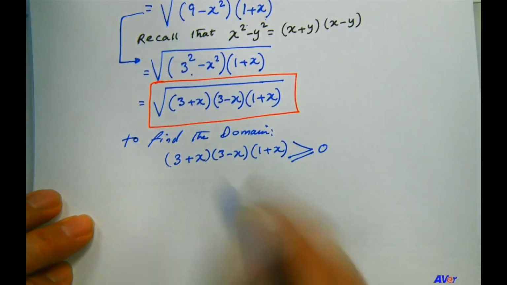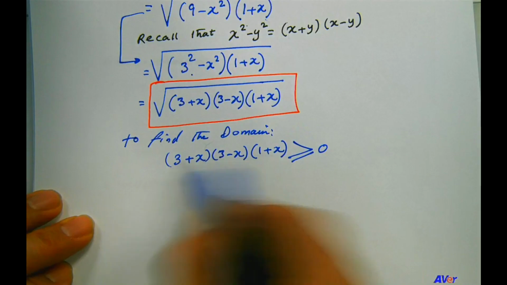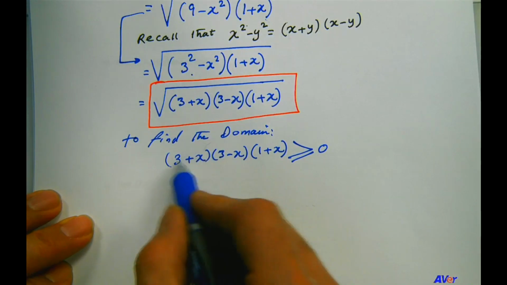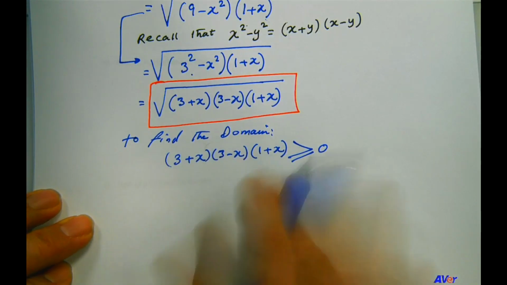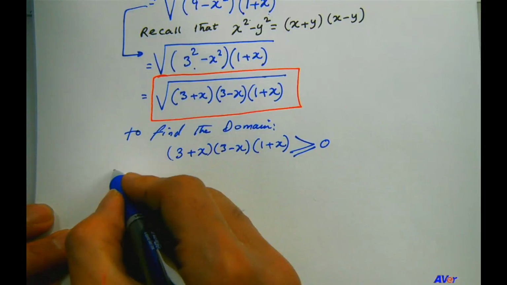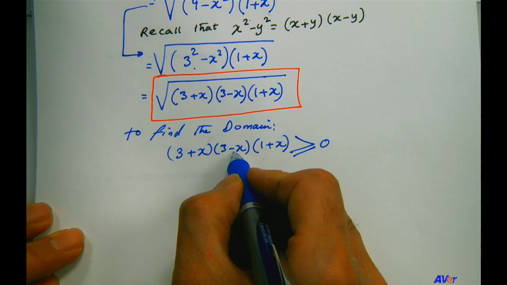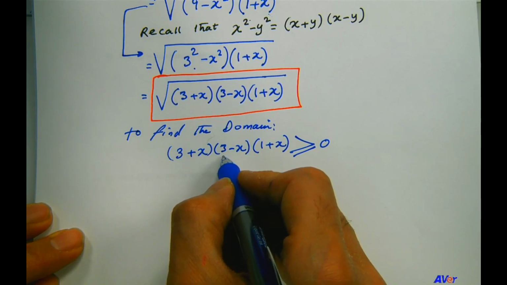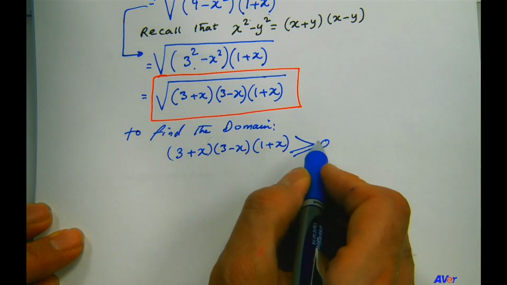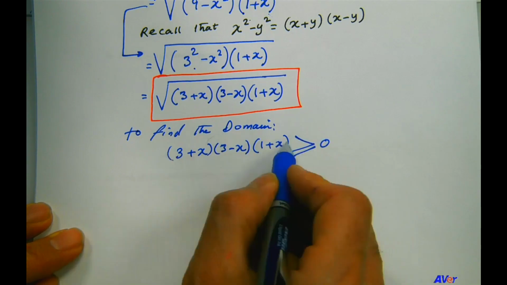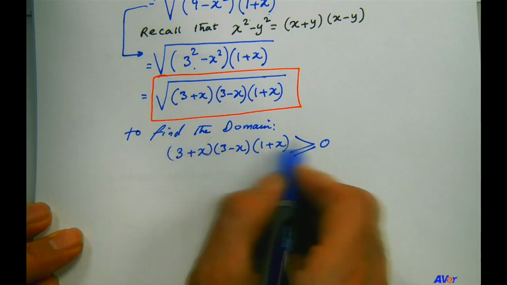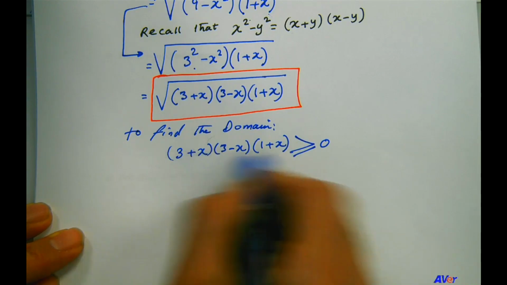Well, let's see what makes this left side equal to 0. If each of these factors is equal to 0, by the zero product property, the whole thing is going to be 0, right? If this is 0, then it will make the whole expression 0 because it's being multiplied by everything else.